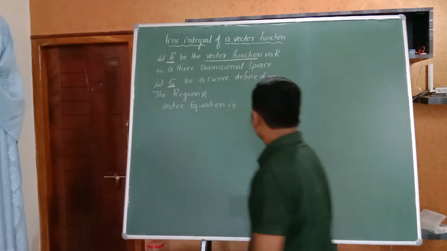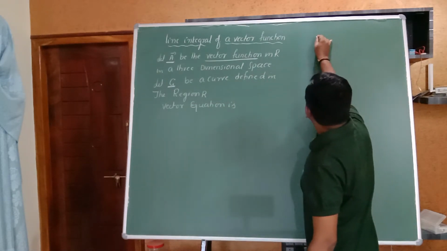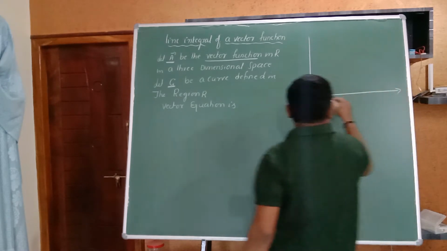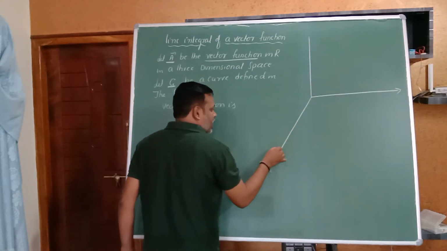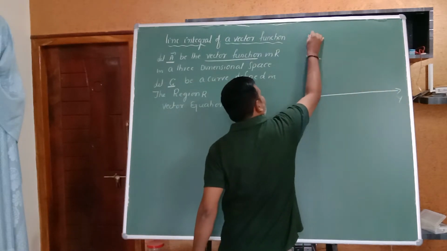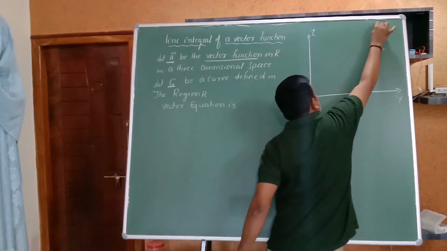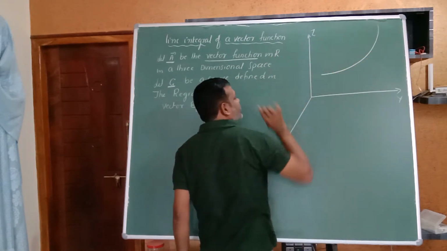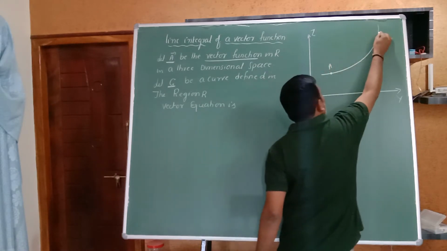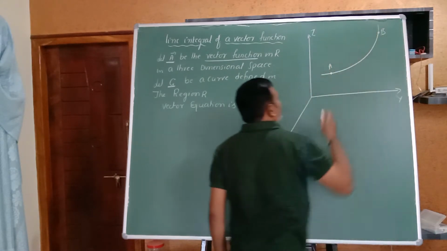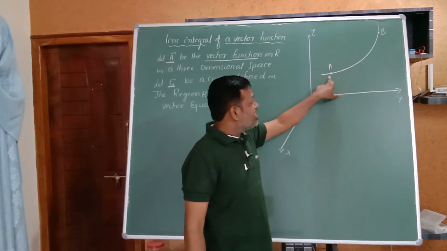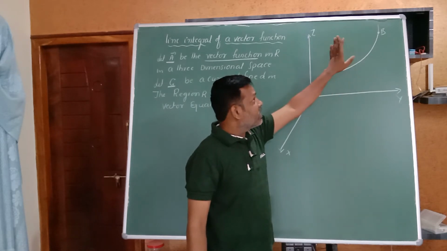To write down the vector equation, we have to construct a three-dimensional space here. Just have a look at this. This is an x-axis, this is a y-axis, this is a z-axis. Here I am going to consider a curve. In this curve, the initial point is taken as A and the final point is taken as B. Let capital A and capital B be the initial and final points of the curve.